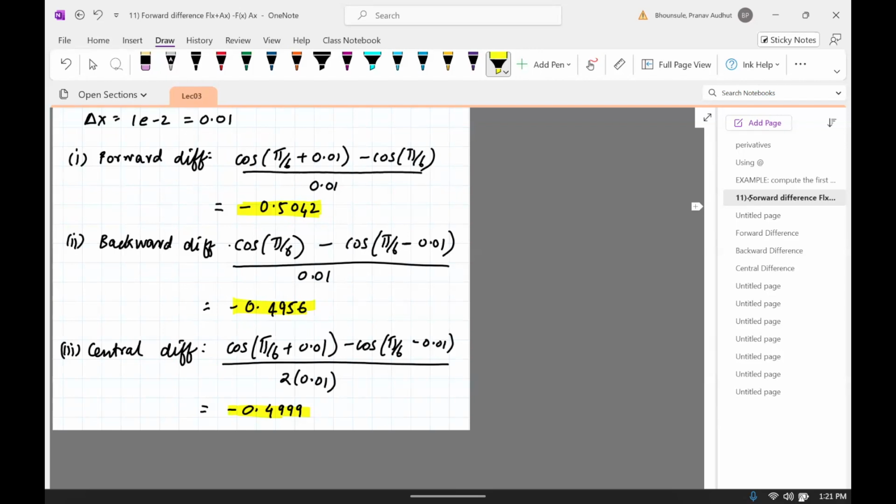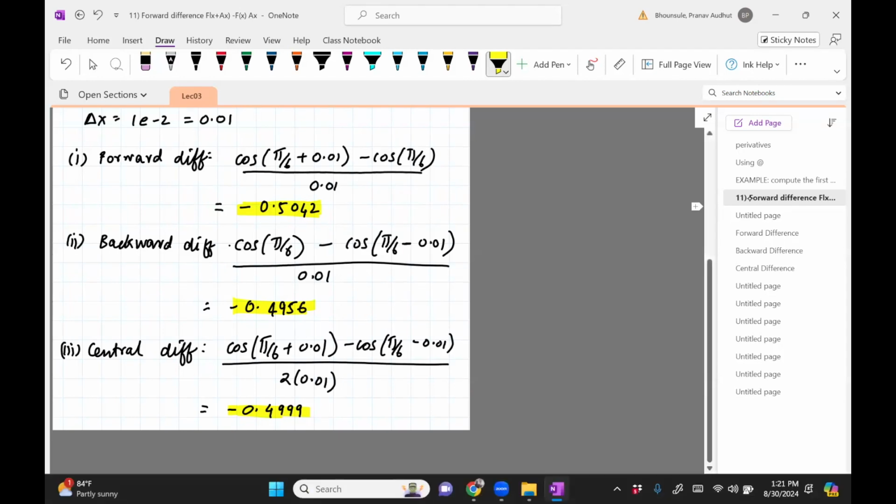Now, we need to do this for 1e negative 4. Let's just use computer code to do that. I'm just going to be a little bit lazy. I'm going to use ChatGPT to generate the code, and then use it to verify my answers. Now I have done this calculation, so I can also verify what I have over here.